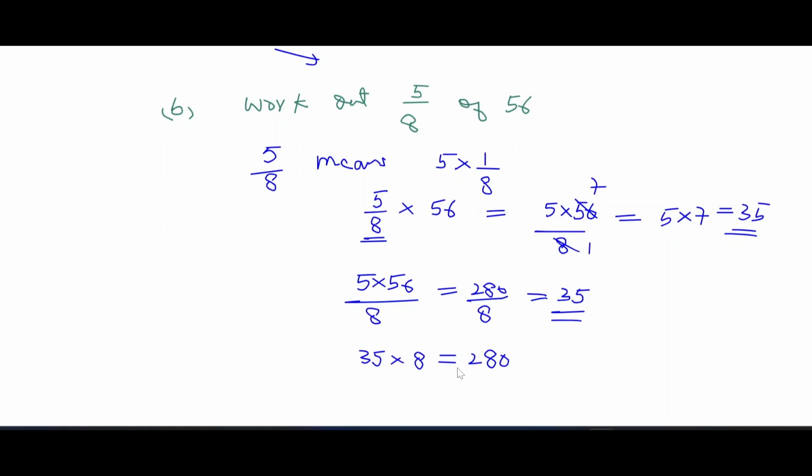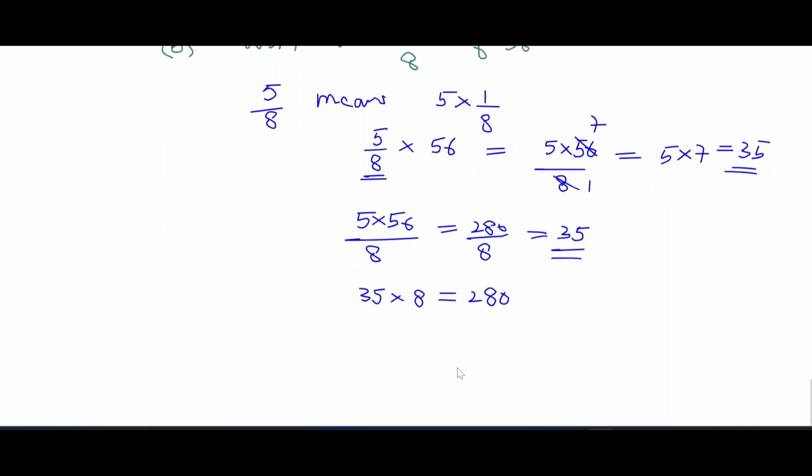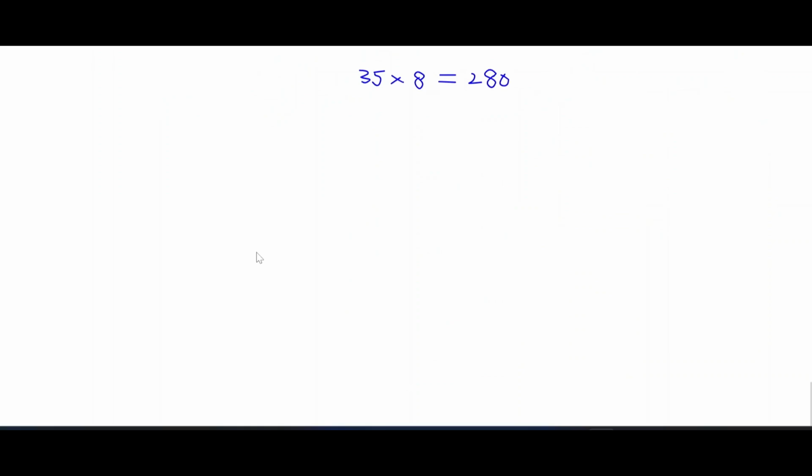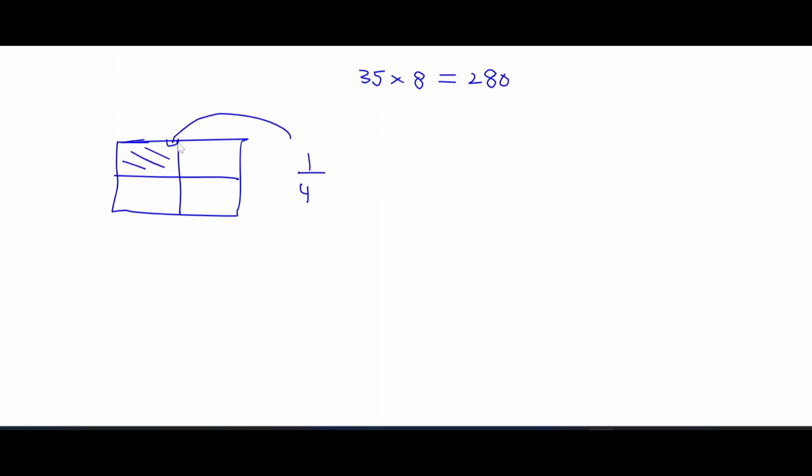I'm sure you can understand it, but we want to elaborate it. It's like this: with some kind of a box, divided into 4 parts, but we want just one part. It's like 1 by 4. It is the 1 by 4th part, and we can write similarly or differently.